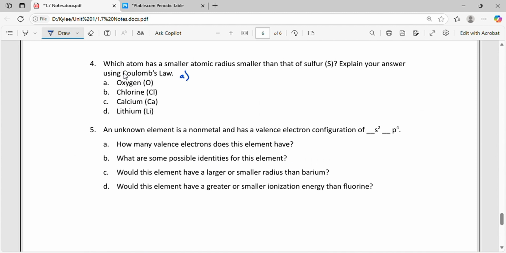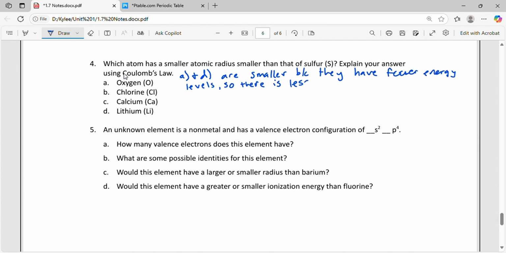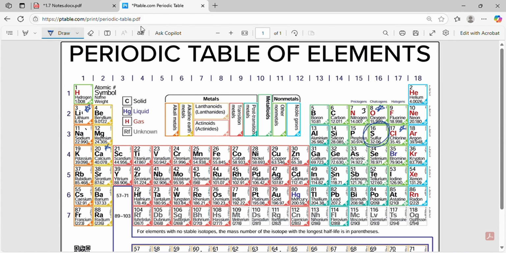So A and lithium, D, are smaller because they have fewer energy levels. So there is less distance from the nucleus to the valence electrons. So we took care of oxygen and lithium in explaining it. For calcium, calcium's the only one that's going to be bigger because we're at the fourth energy level.